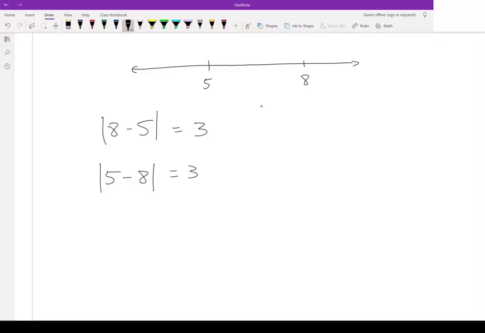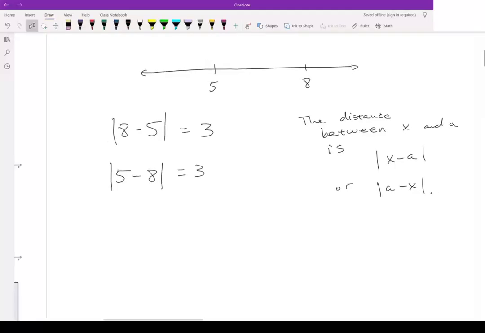So in general, the distance between x and a is the absolute value of x minus a, or the absolute value of a minus x. So from this day forth, an absolute value with a minus sign between the two numbers inside gives you the distance between them. Okay?